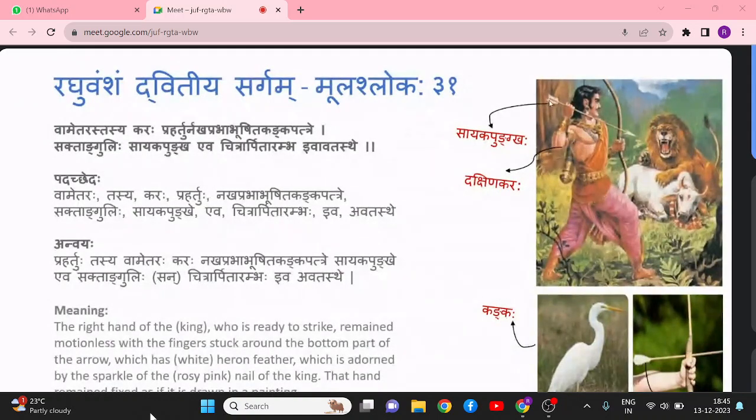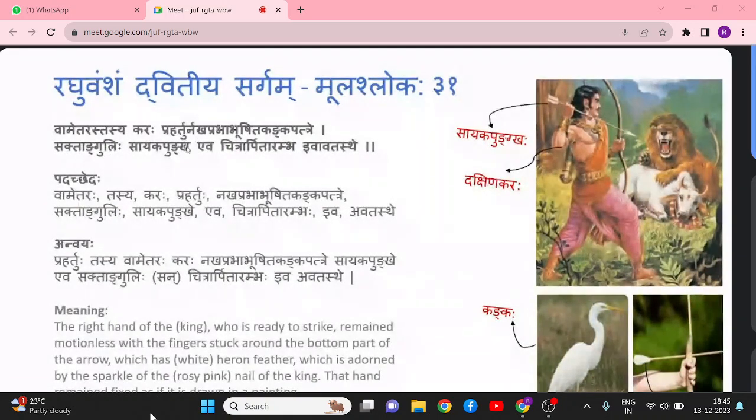His nails are near this feather. In one place I read that these white feathers provide a contrast to the rose-colored nails of the king. So this is decorated by the shine that comes from the nails of the king. That is the Nakhaprabha bhushita kankapatre.